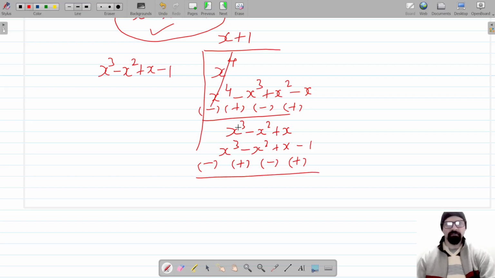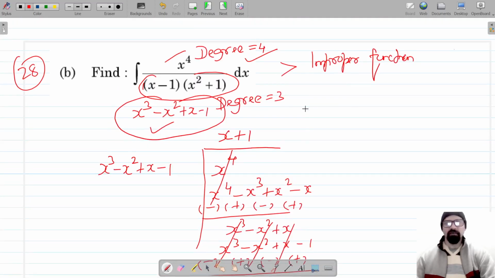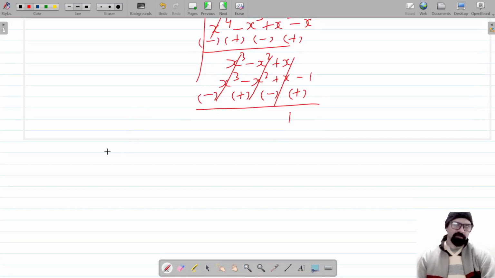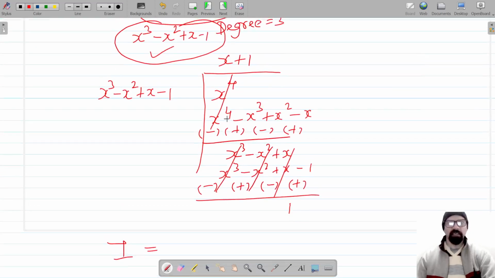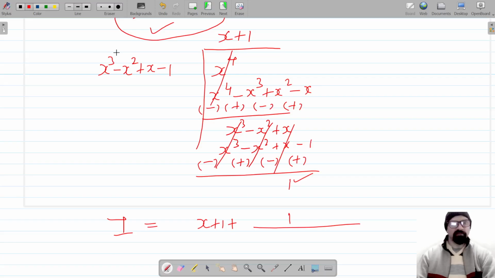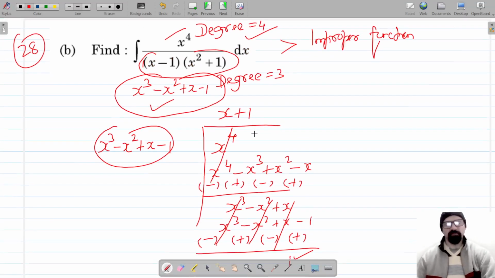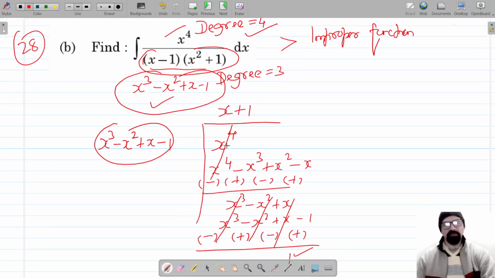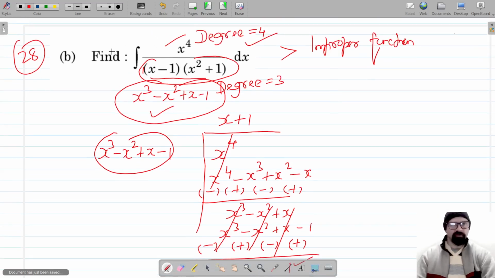This gets cancelled, this gets cancelled, this gets cancelled, this is 1. That means I can write this integral I as x plus 1 plus 1 upon x cubed minus x squared plus x minus 1, which was originally this function.